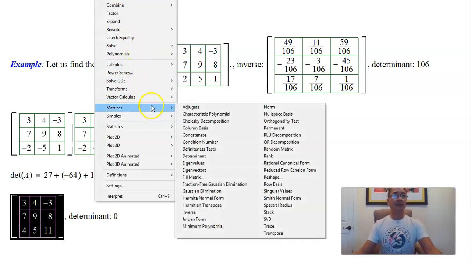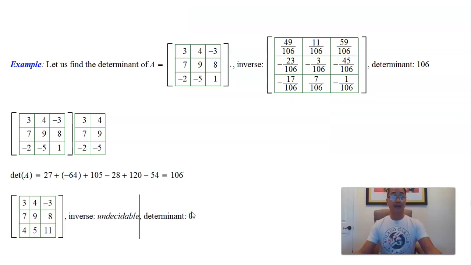Compute matrices inverse. Again, Maple says that matrix is not invertible. Okay, so obviously this is a property that we will prove later down the road, that a square matrix is invertible if and only if its determinant is not 0.